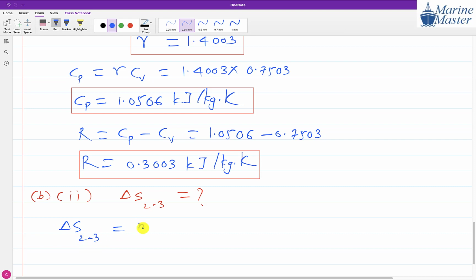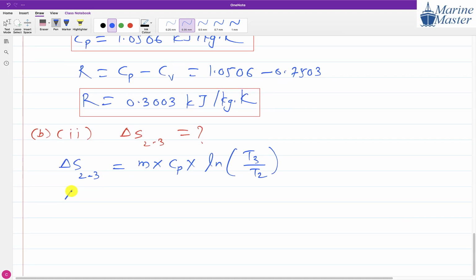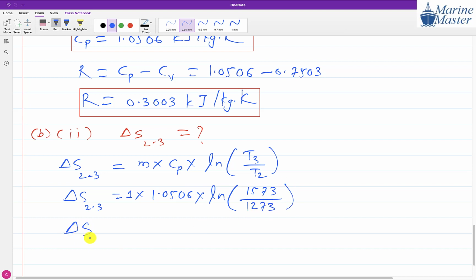What is the relation we have seen? mCp ln of T3 by T2. So delta S 2 to 3, mass is 1 kg, Cp we have calculated 1.0506, ln T3 is 1573, T2 is 1273. Please do the calculation and tell me the value of delta S 2 to 3.